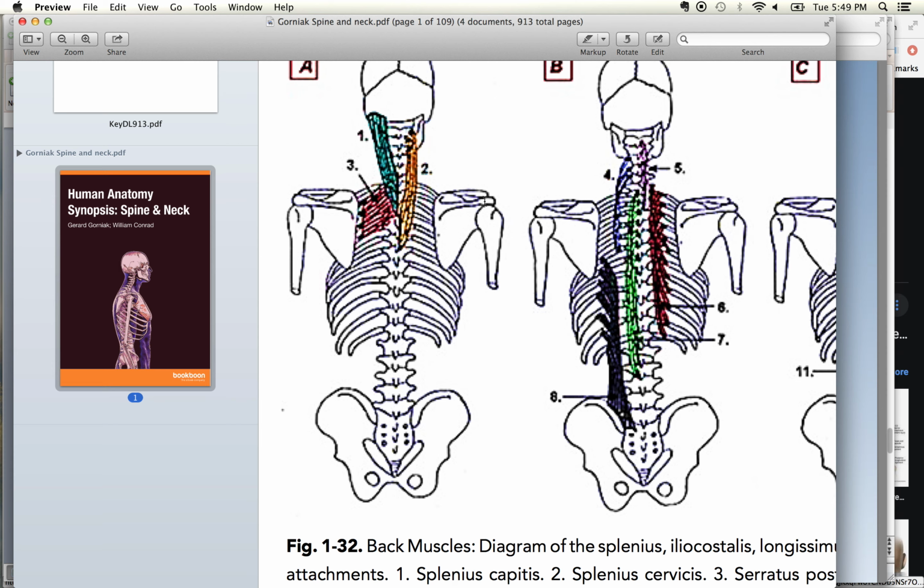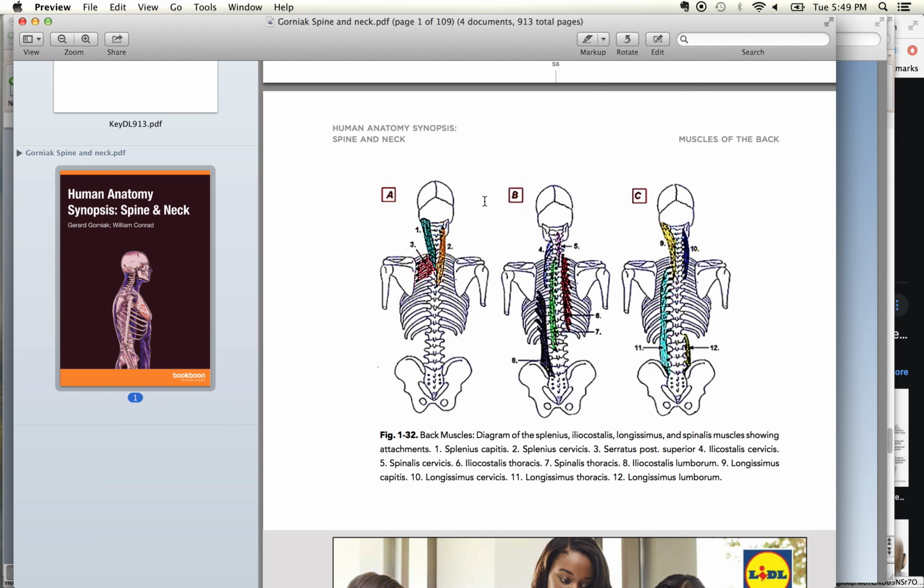Moving a little bit deeper, we get into the erector spinae, and at the erector spinae we have the longissimus cervicis. And the longissimus cervicis is number 10, so you can see that attached there at the transverse process. Okay, and that is going to extend on both sides, laterally flex to the same side, and rotate the same side at the C-spine, much like the splenius cervicis.